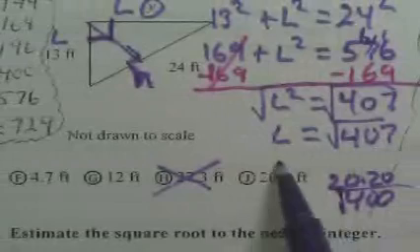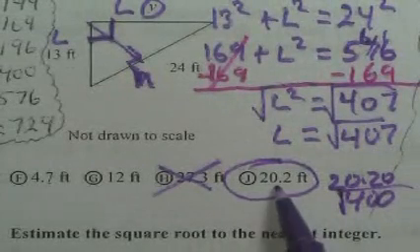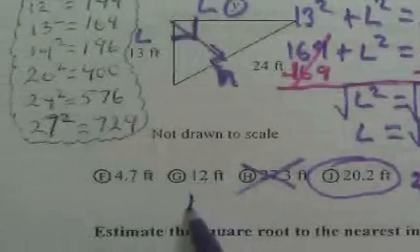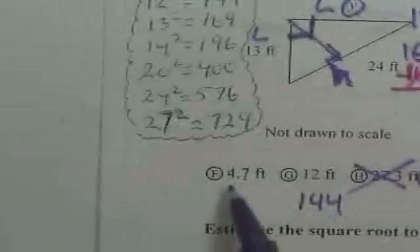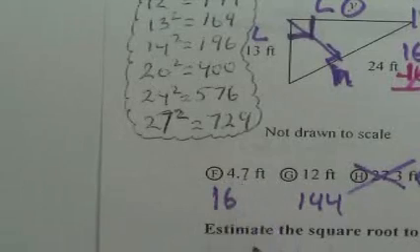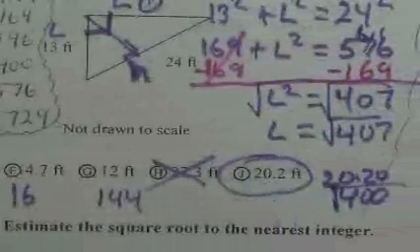So that means our answer is that. And by the way, it has to be that because even if you did not know 407, you know that 12 squared has to be 144. And 4 squared, this is 16, a little bit more than 16. So you know it has to be this answer.